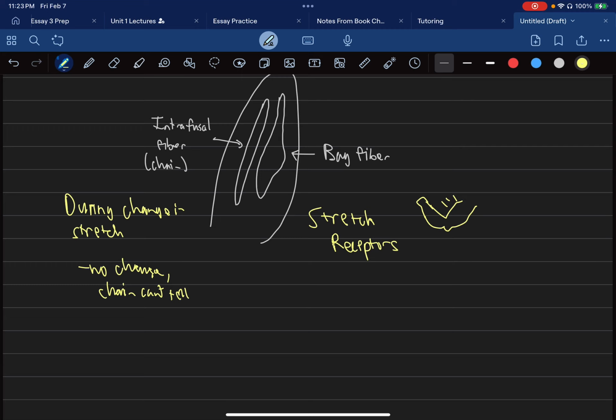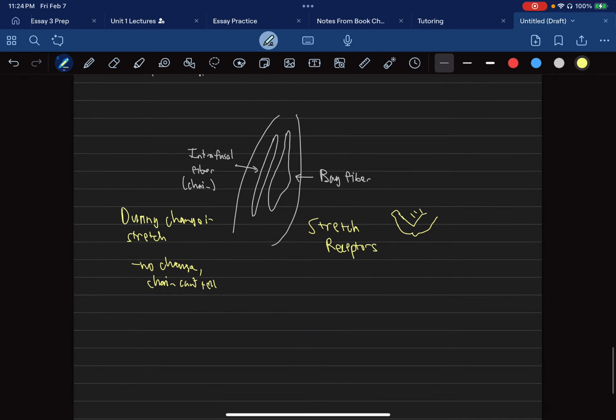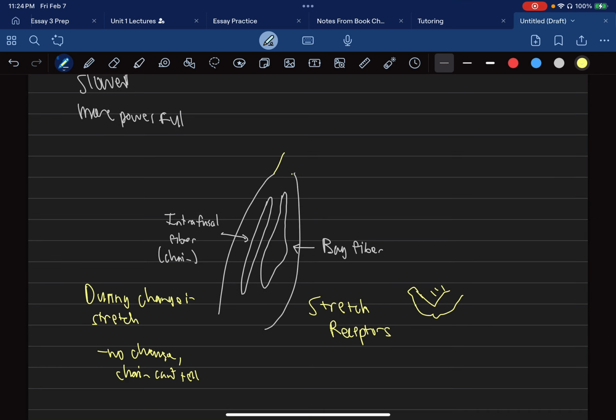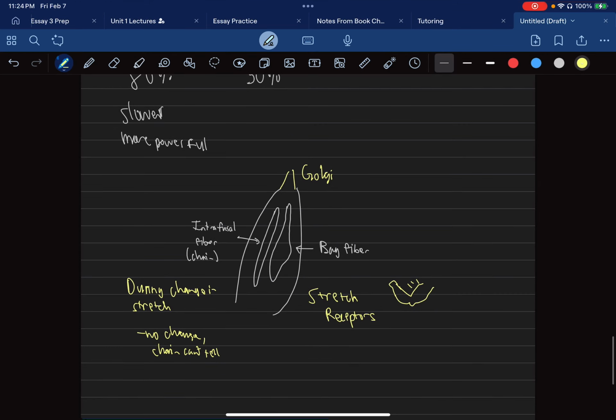Muscle spindles versus Golgi tendon. On our tendons, there are these things called the Golgi tendon organs. Those are going to monitor whether our muscles are actually doing damage to our bones. Our muscles are actually strong enough to break every bone in our body.